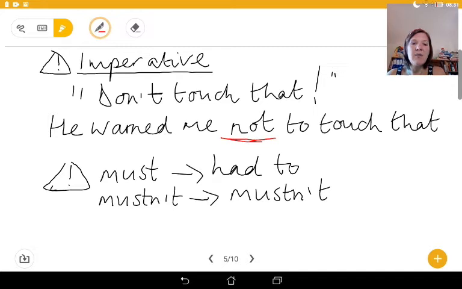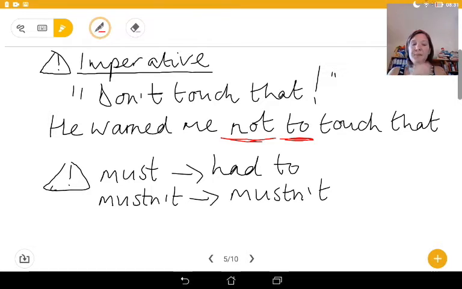And when we report it, he warned me not to touch that. Now just be careful of the order here, because in Italian you'd say di non toccare, okay? It's kind of the opposite. So in English, he warned me not to touch that, okay?